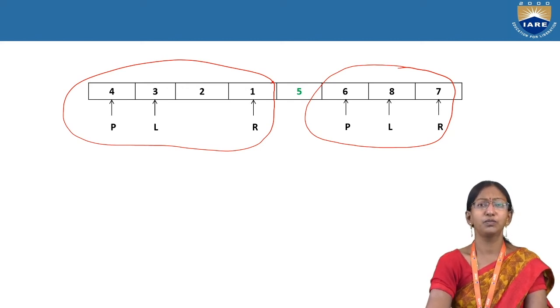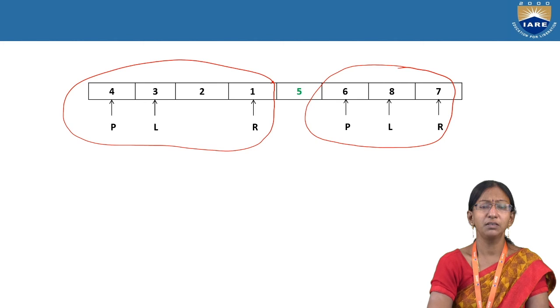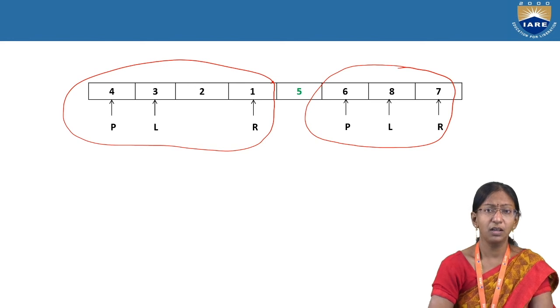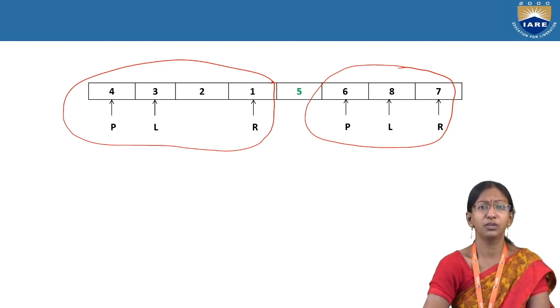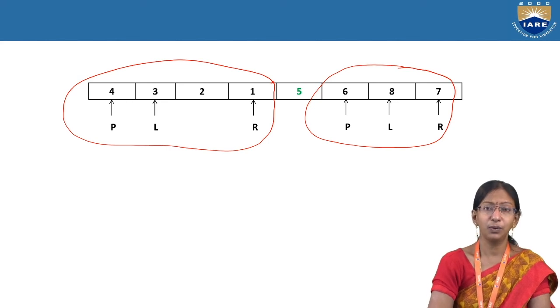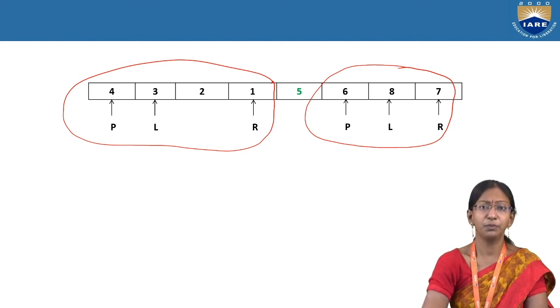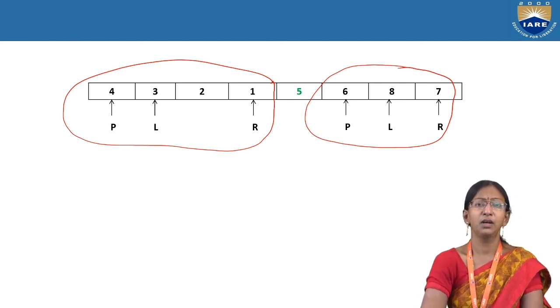The same logic which we have seen: check for an element which is greater than pivot from the left-hand side and move the left pointer towards the right. Freeze over there and start working with the right pointer. Search for an element which is less than the pivot and move towards left. When you encounter that, swap the elements in left and right.